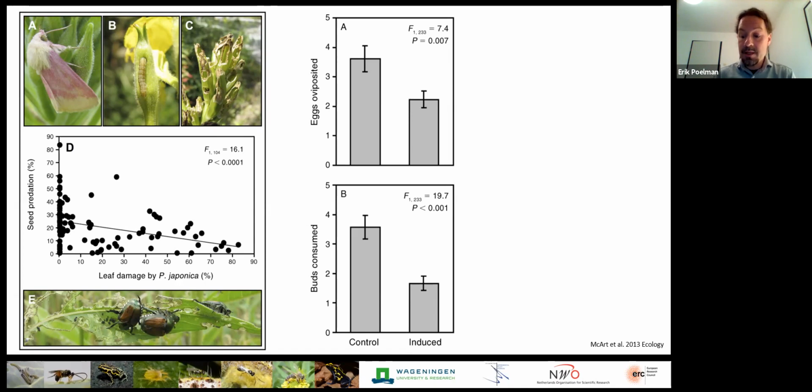So it could mean a lot for this plant, how it responds to that first herbivore, what eventually its reproductive success would be, not necessarily by that first herbivore, but because of all the effects that later on happen on this individual plant.